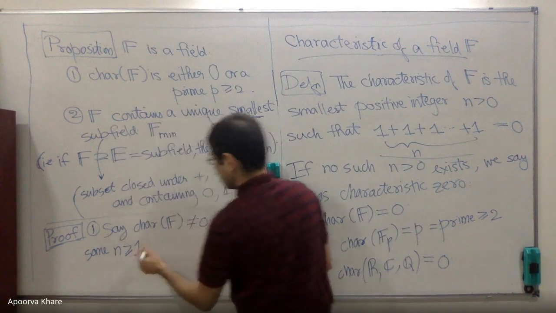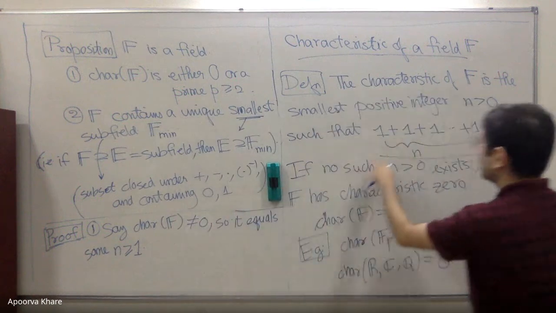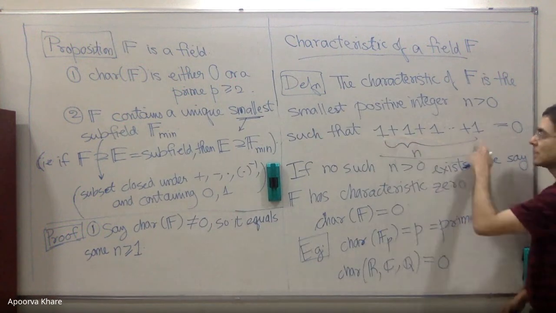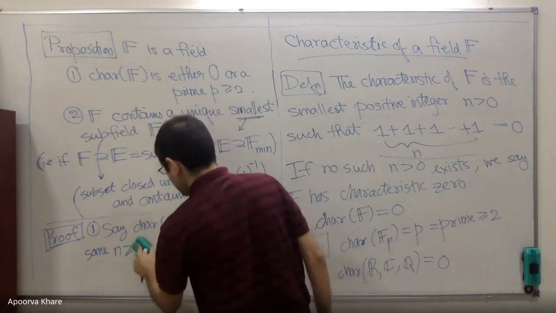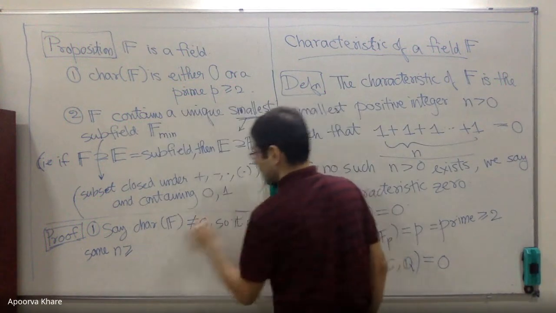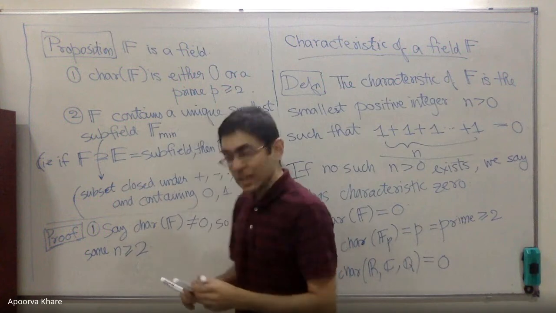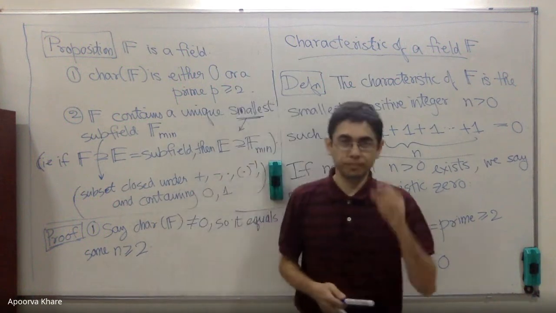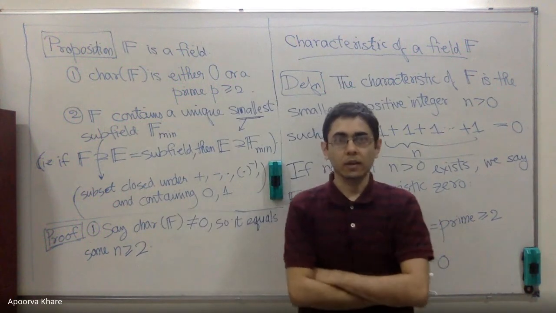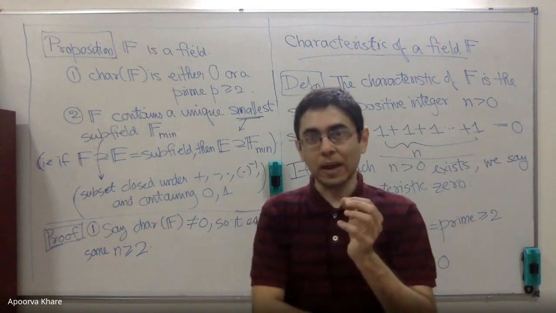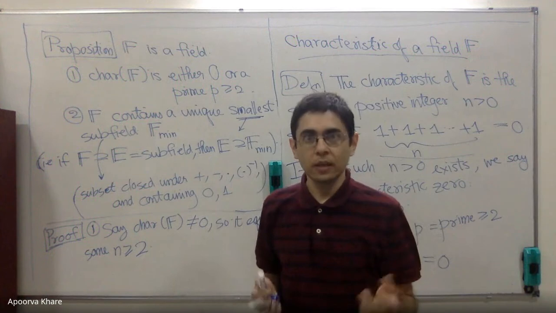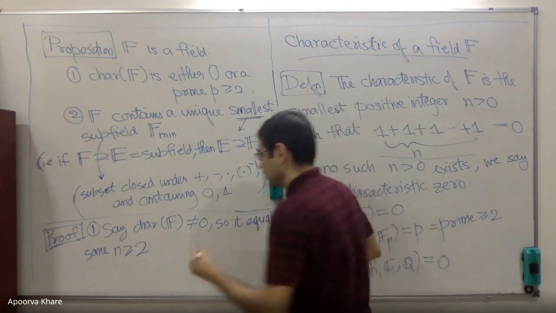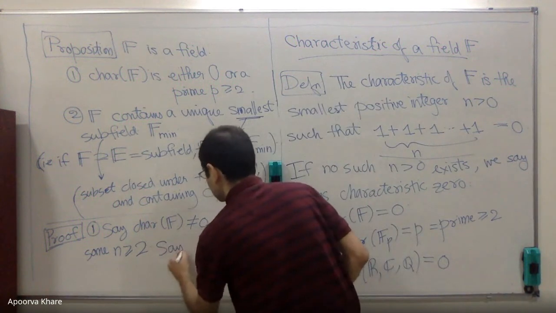In fact, it can't be 1, because as I said, 1 does not equal 0. So it has to be n bigger than or equal to 2. The claim is that n must be prime. Why? If n is not prime, if n is composite, then n is a product of two different integers. Let's say n equals a times b.